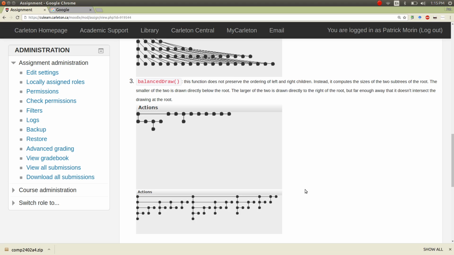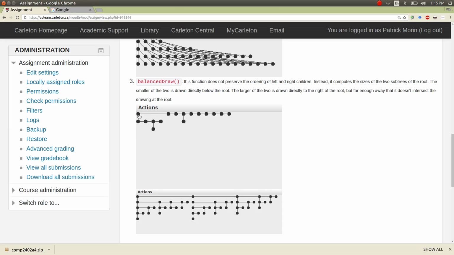Either they're both the same size, in which case it doesn't matter, so they have the same number of nodes in each subtree, or one of them is smaller than the other. If one of those is smaller than the other, you take that one, and you draw it directly below the root node.